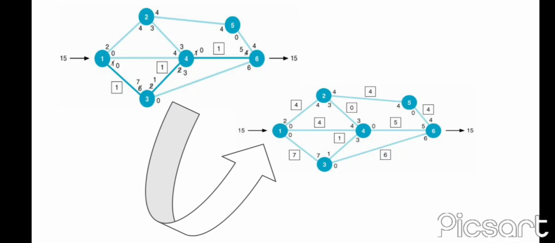Close observation of the network in figure 7.23 shows that there are no more paths with available flow capacity. All paths through nodes 3, 4 and 5 show zero available capacity, which prohibits any further paths through the network.